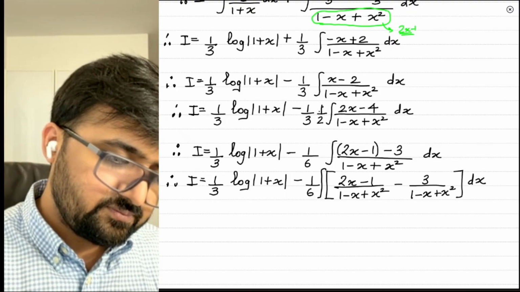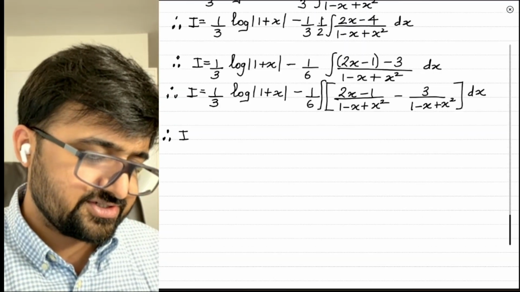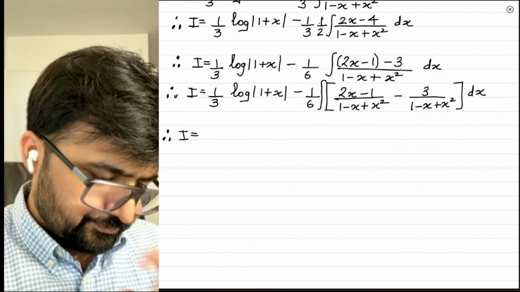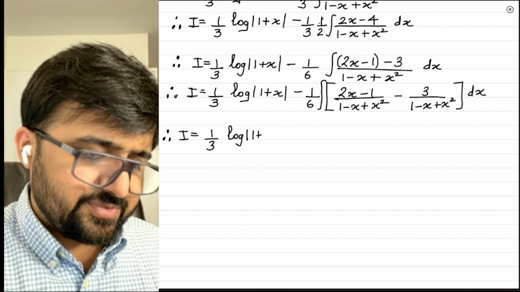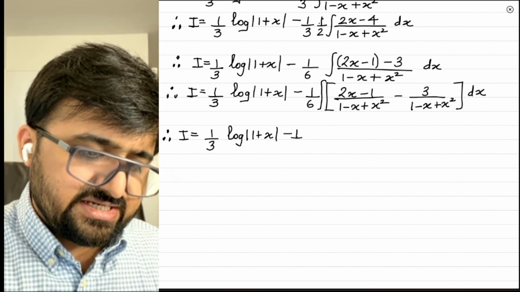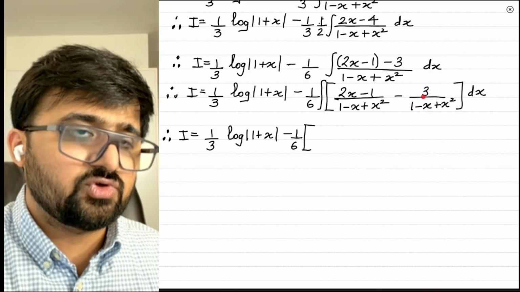It's such a beautiful question. It will check all your integration knowledge. So we have 1 upon 3 log mod 1 plus x minus 1 by 6. Let's put a bracket and give this integration to both of those terms.